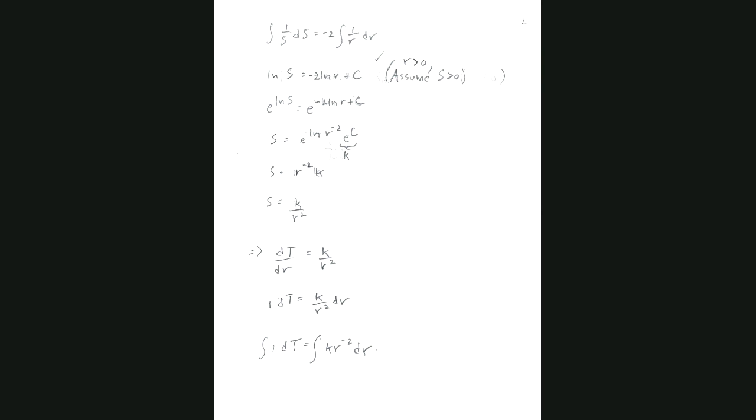It's really a very beautiful problem. Okay, so now we have the integral of 1 dt equals the integral of k times r to the negative second dr.